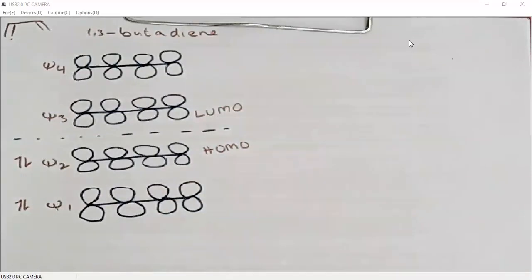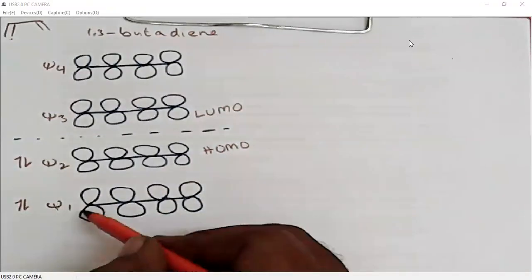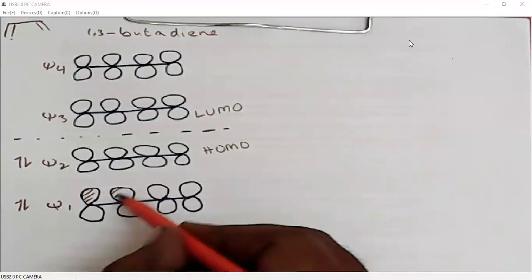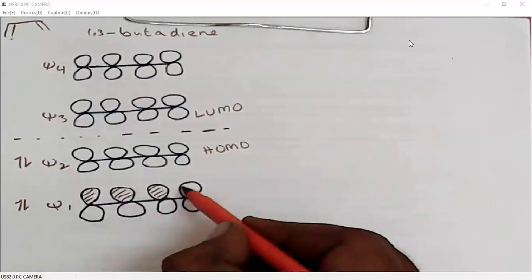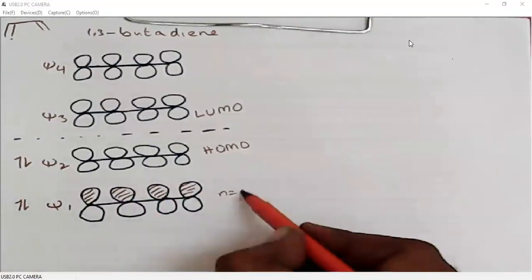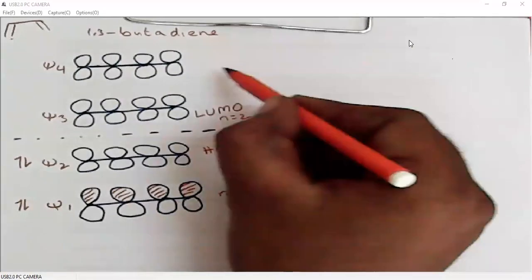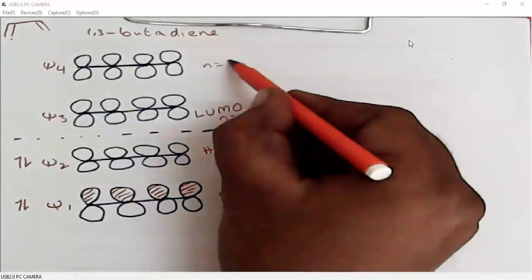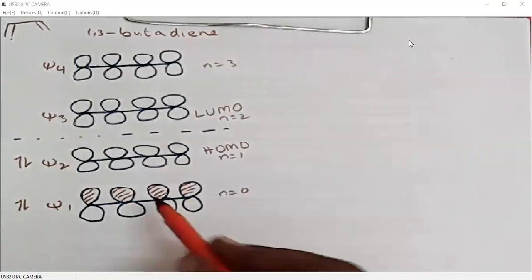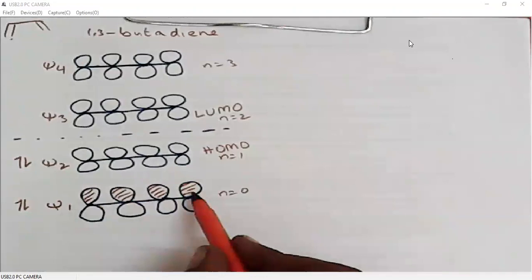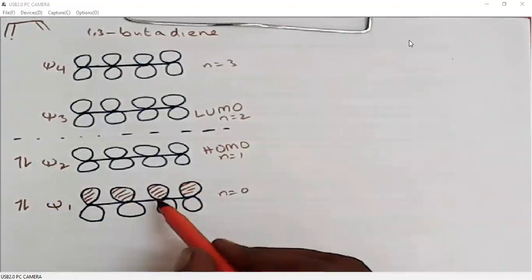In the first molecular orbital, all the orbitals will be in phase. One more point: here nodes are 0, here nodes are 1, here we have 2 nodes, here we have 3 nodes. Here we do not have any nodes, so all the orbitals are overlapping in phase.